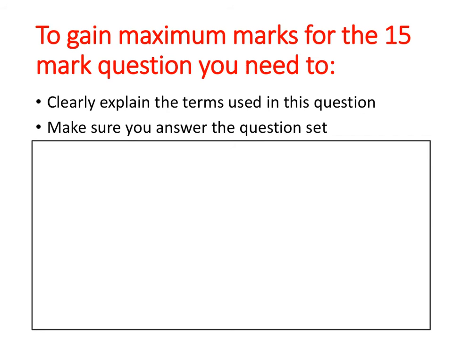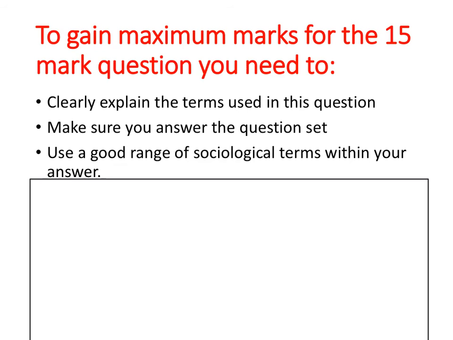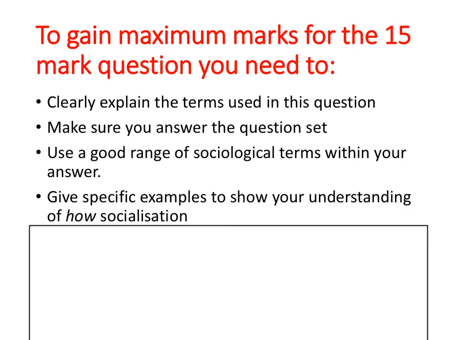Make sure that you stick to the question set. Make sure that you show off your knowledge of key sociological terms within your answer. So again, using Memorize to master those sociological terms is so important. Use specific examples to show your understanding.